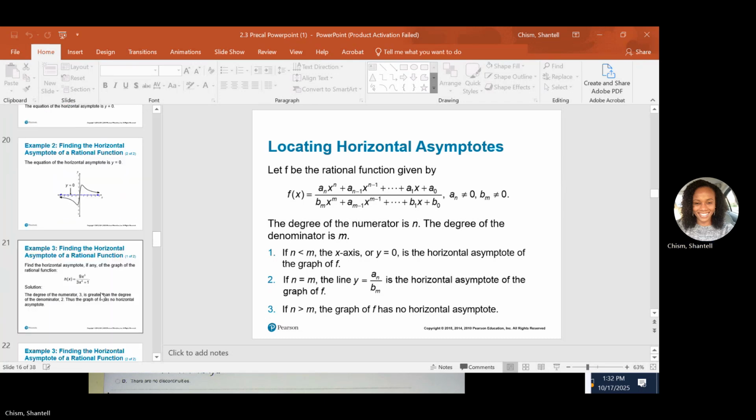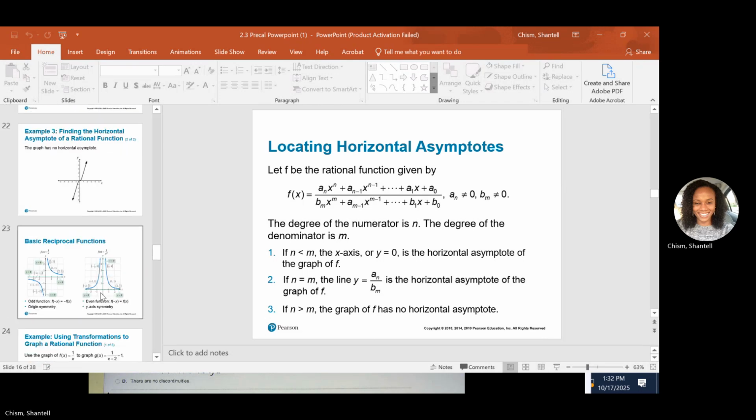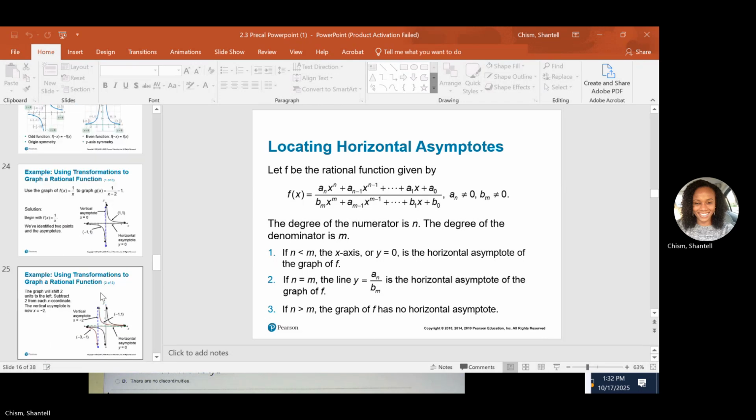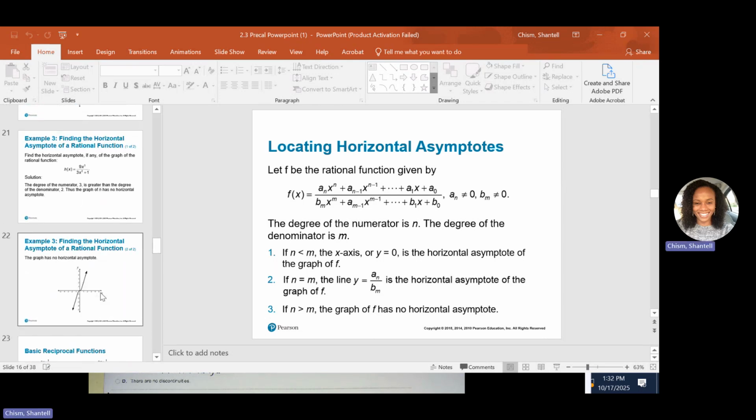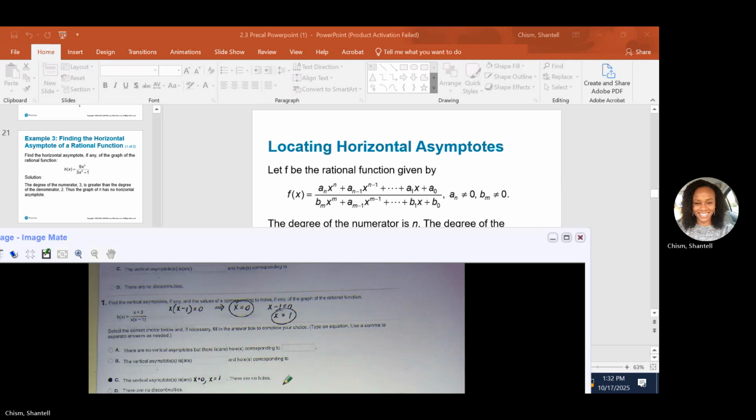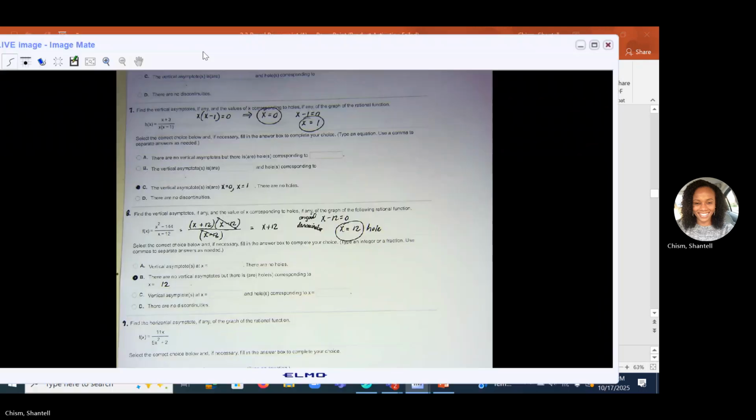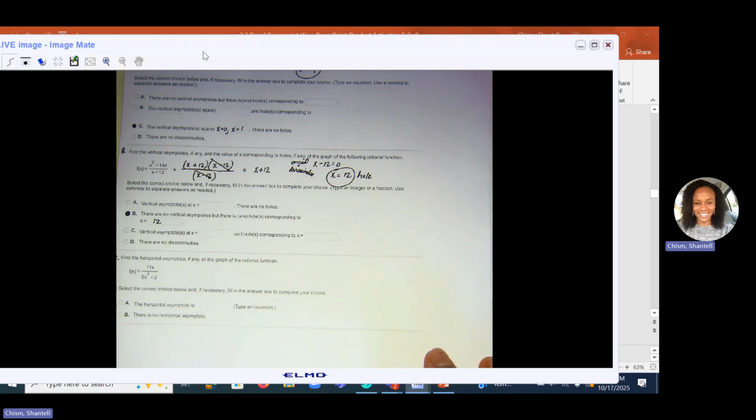Okay? All right. Let's take a look at an example here. Number 9. So here I've got 11x over 5x squared plus 2.